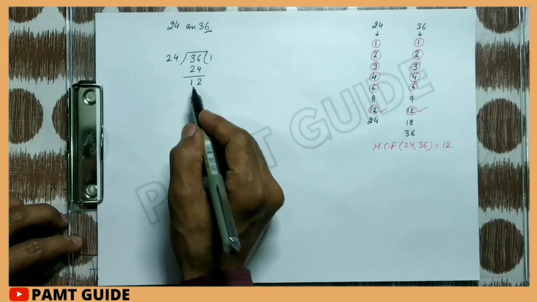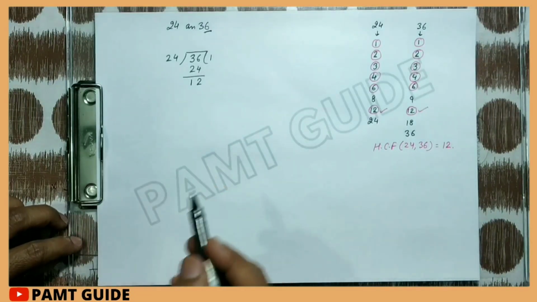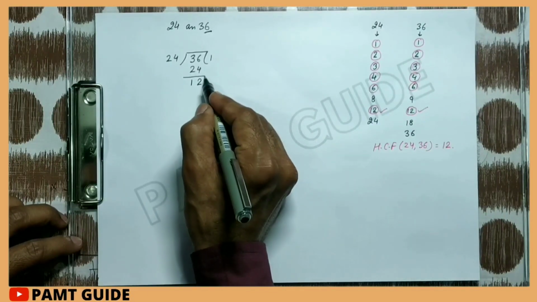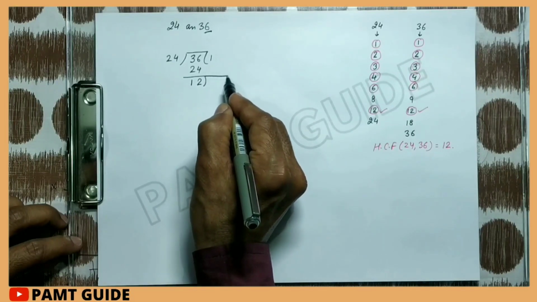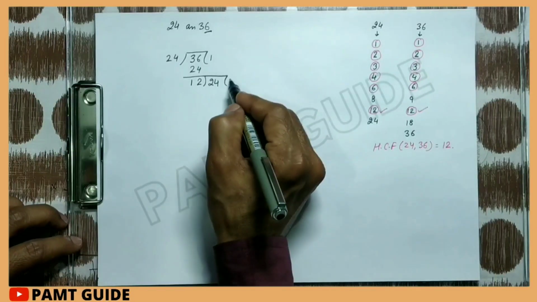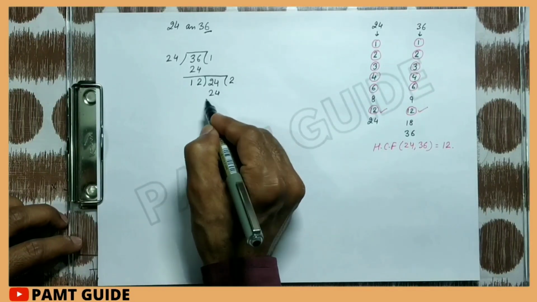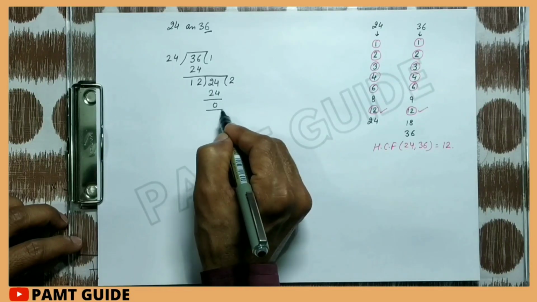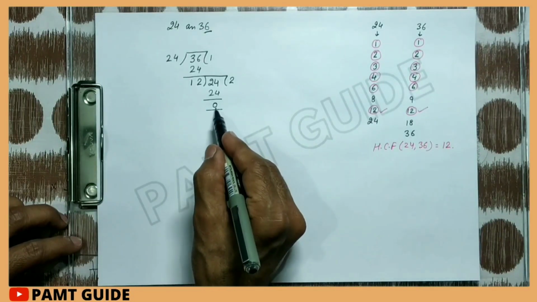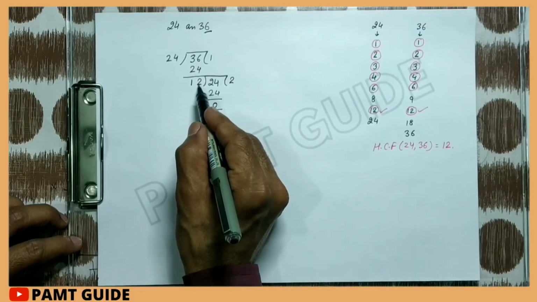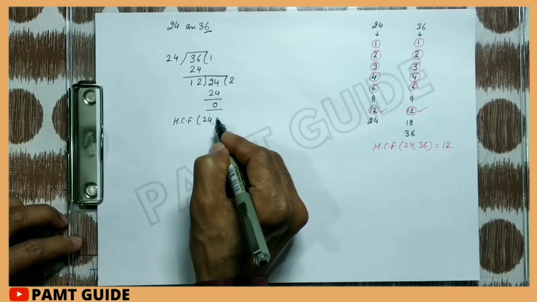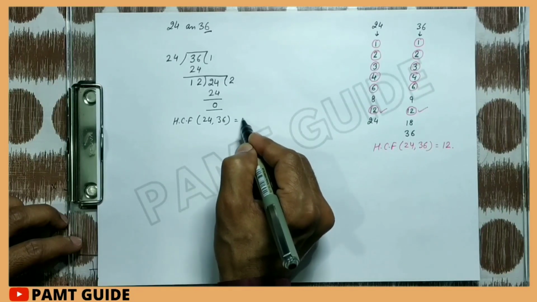Since the remainder is not 0, we proceed again with this division and we make 24, which was the earlier divisor, the dividend. Now 12 twos are 24 and now the remainder is 0. We are seeing that the remainder is 0 and the last divisor is 12. So the HCF of 24 and 36 is 12.